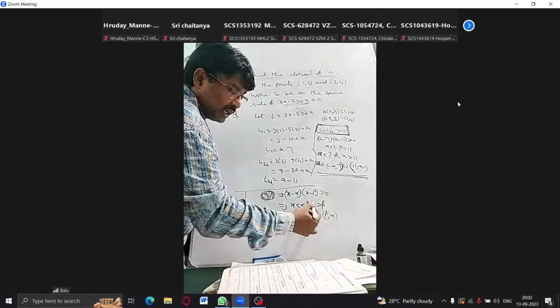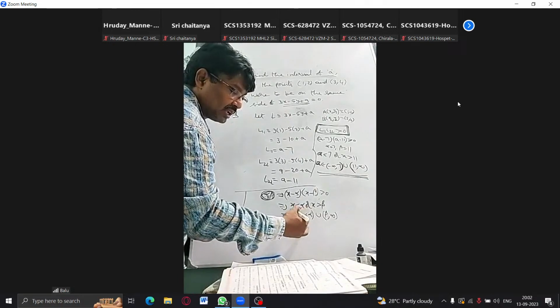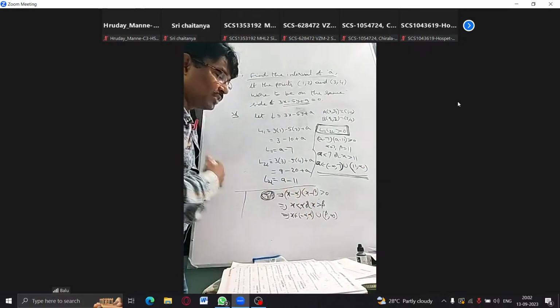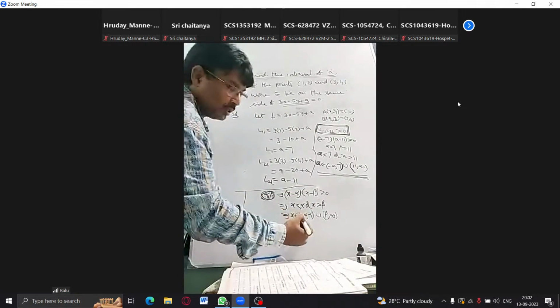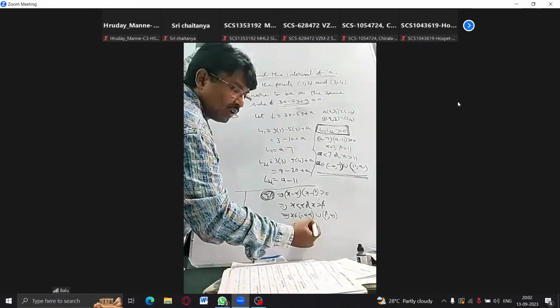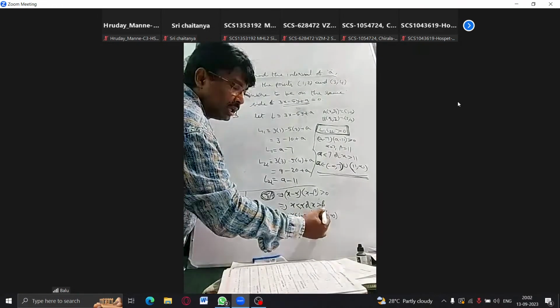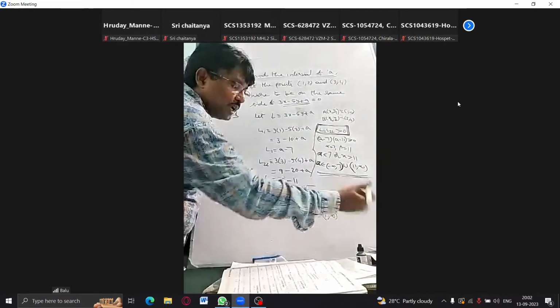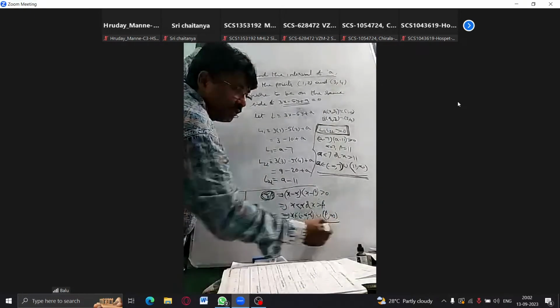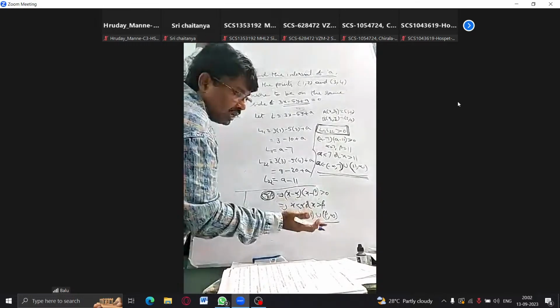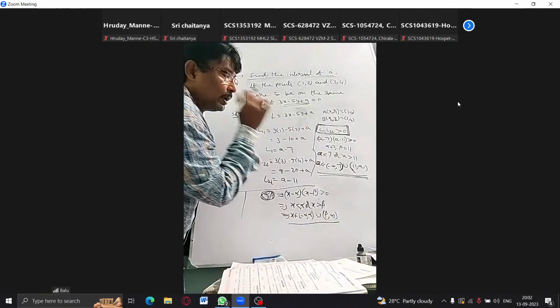Less than alpha is nothing but the left side of alpha, that can be taken as minus infinity to alpha, union greater than beta, the right side of beta, so beta to infinity.